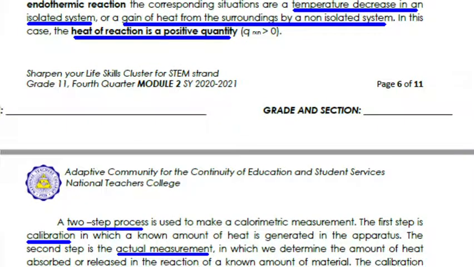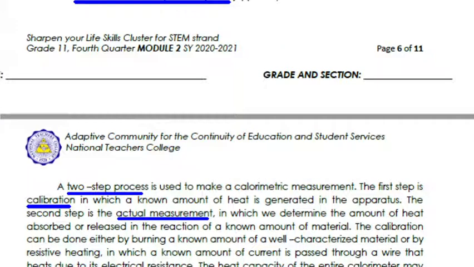So this is our working formula for this reading. Heat is equal to C, which is the reading from the calorimeter, times the change in temperature.